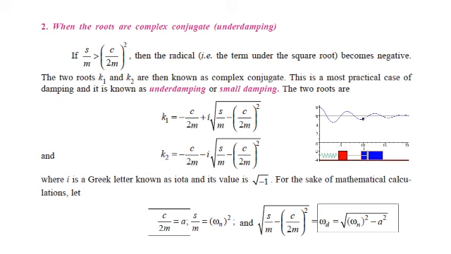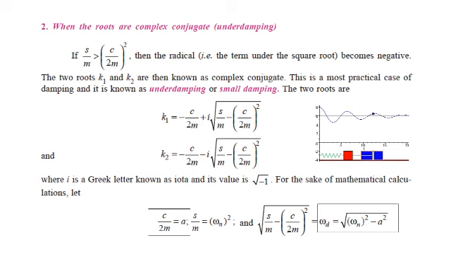So if k1 and k2 are complex conjugate, then we assume some things: c by twice m is equal to a, a small constant, and s by m is equal to omega n square, where omega n is the circular natural frequency. Remember these two substitutions.